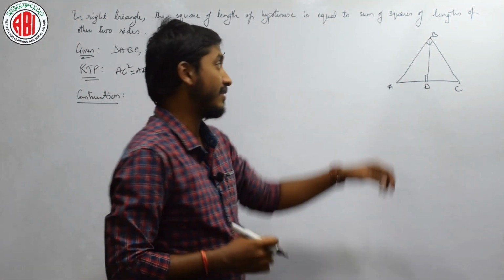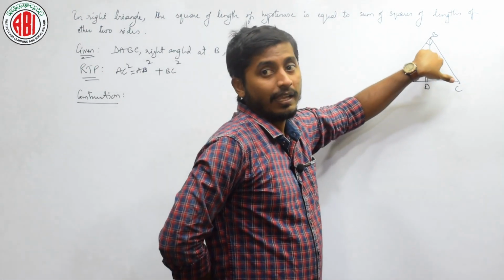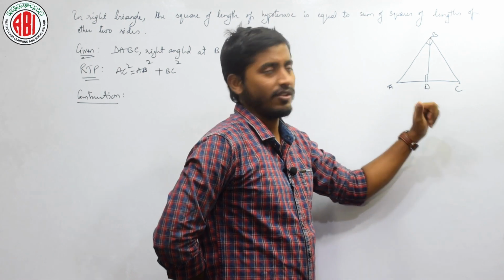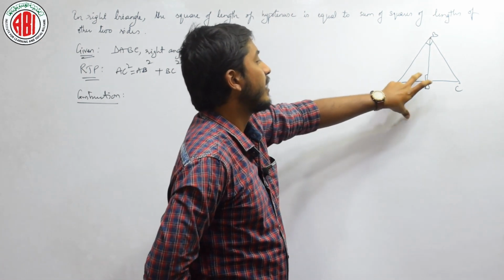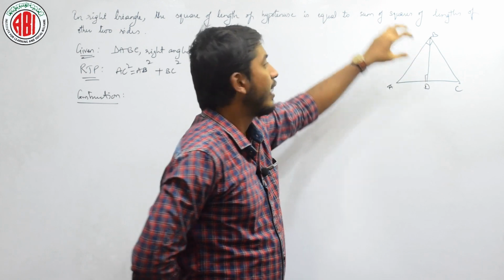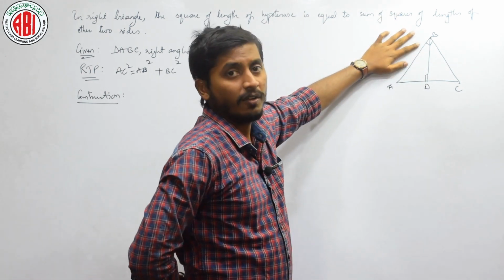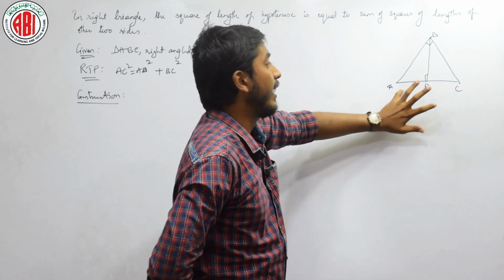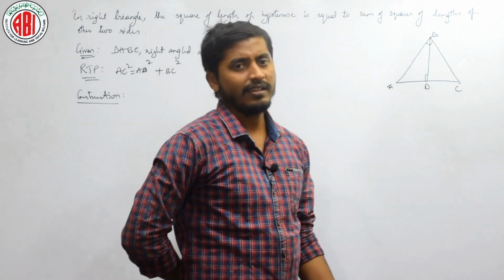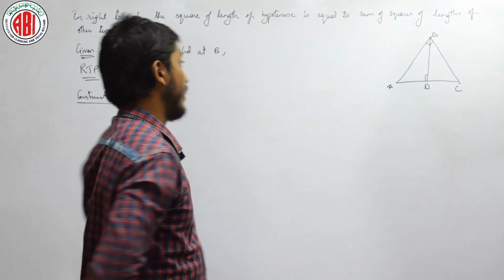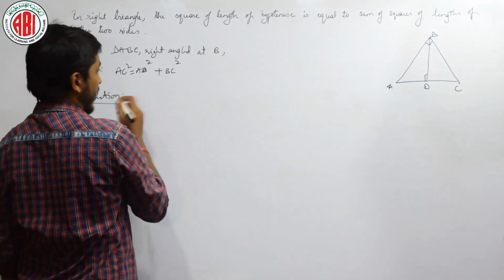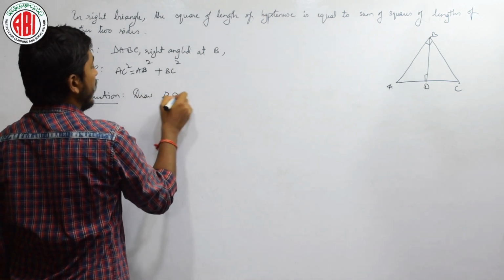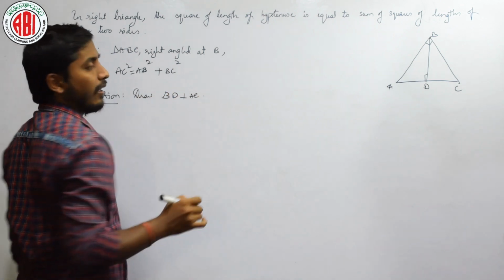RHS similarity tells that there should be a right angle and the hypotenuse must be seen. If you observe here, there is a right angle and a common side AB for both triangles, triangle ABC and triangle ADB. So first let us construct BD perpendicular to AC.